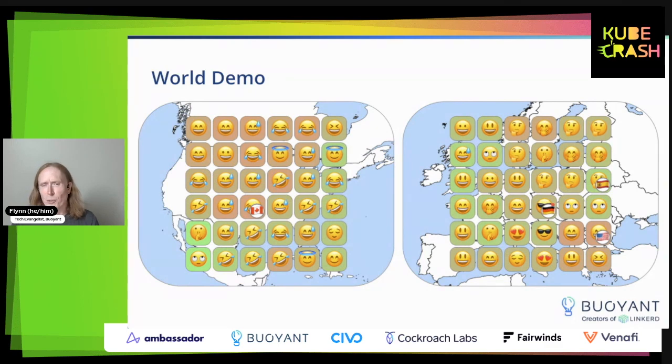What exactly they're doing is honestly not really the point of this demo. It's just kind of something to watch. Really, the point of the demo is that we have arranged it so that the North American side of this is set up within 2 clusters, and the European side is set up in a 3rd cluster.